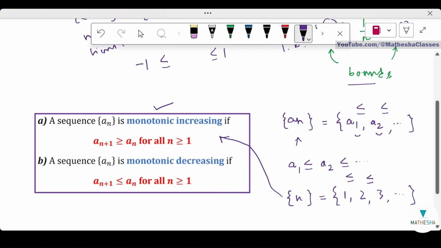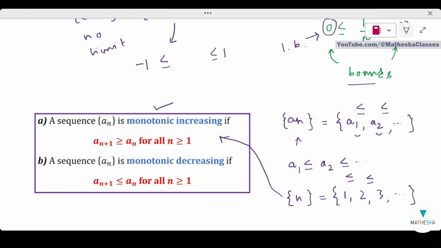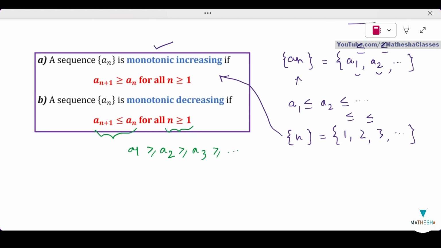Similarly, when we say monotonically decreasing sequence, it means that as n increases, the value of an decreases. That means a1 this time will be bigger than or equal to a2, a2 will be bigger than or equal to a3 and so on. An example of such a sequence is 1 by n, because here the first term a1 is 1, which is bigger than or equal to the second term half, bigger than or equal to the third term 1/3 and so on.